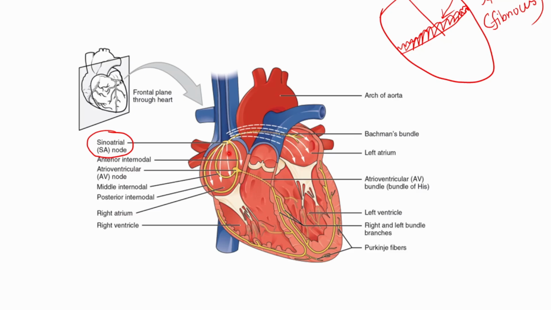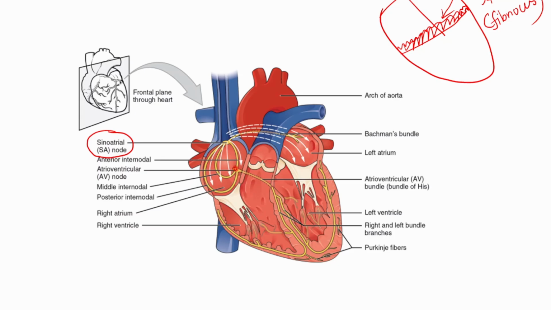That means the impulse doesn't get propagated from the SA node to the AV node immediately. There's a slight delay in the propagation of the signal. This temporary delay ensures that atrial mechanical contraction is fully complete, permitting the atria to empty their blood volume into the lower chambers before the powerful ventricles receive the signal to contract. Let us track the impulse as it exits this delay gate.